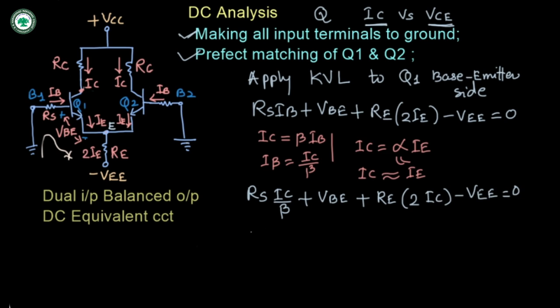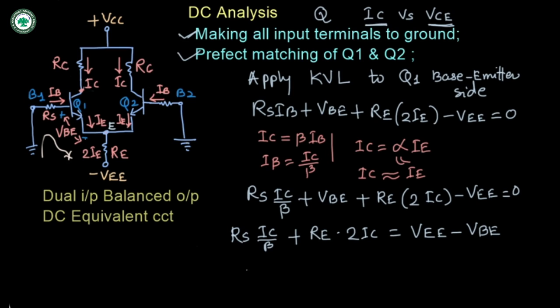Now rearrange the terms in such a way that we get the IC terms together. So RS into IC upon beta plus RE into twice IC is equal to VEE minus VBE.